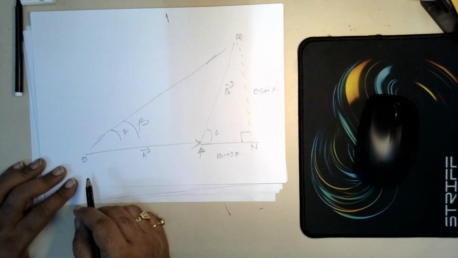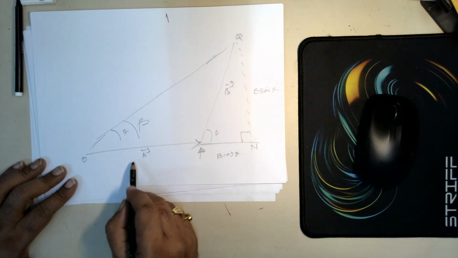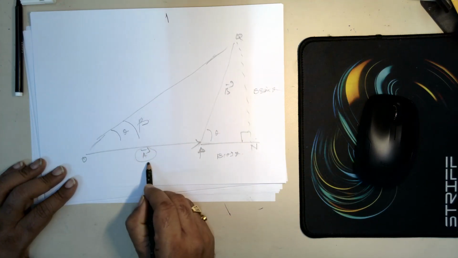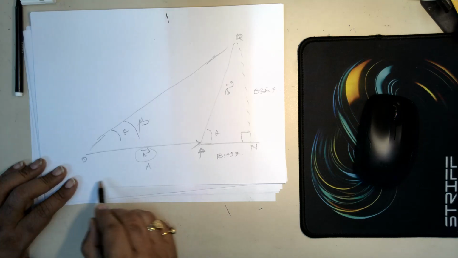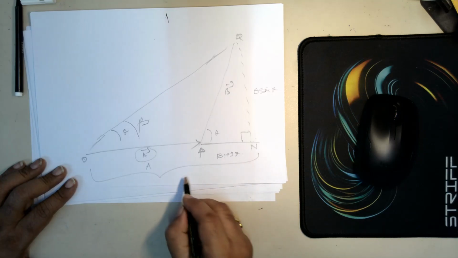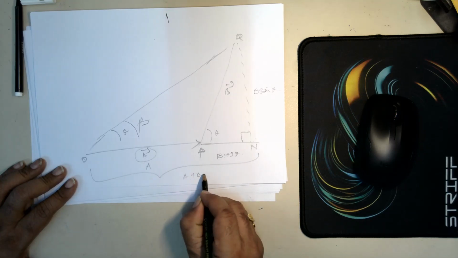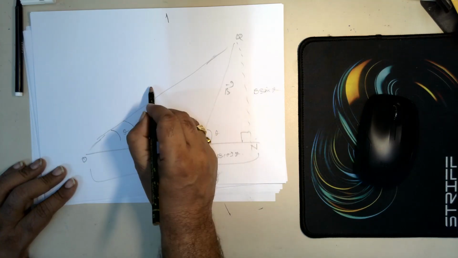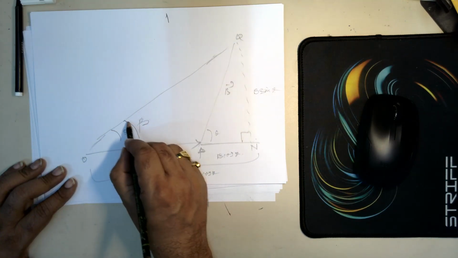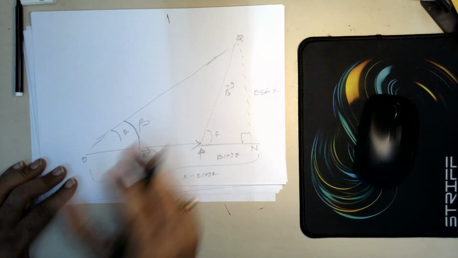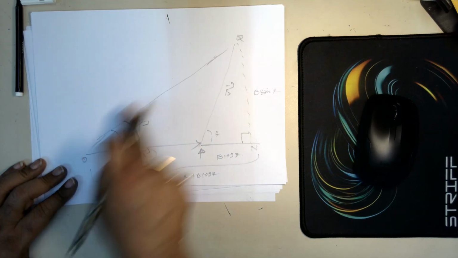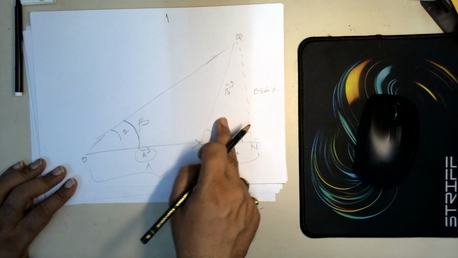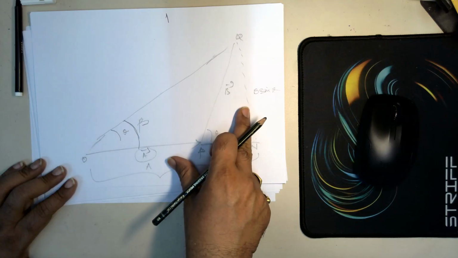This is already vector A, so let me consider the magnitude A. So overall, this is A plus B cos theta, and this is B sin theta. So when you take tan beta, the idea is to find the resultant vector of these two vectors. That is why we are positioned like this.